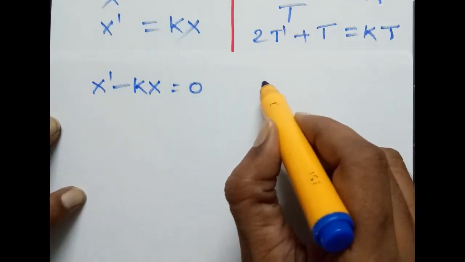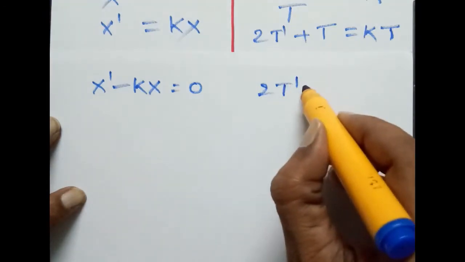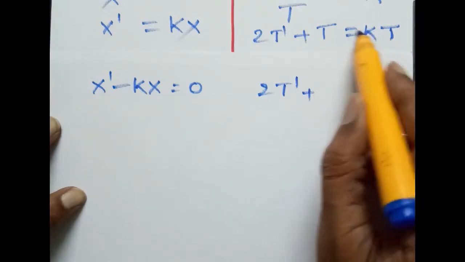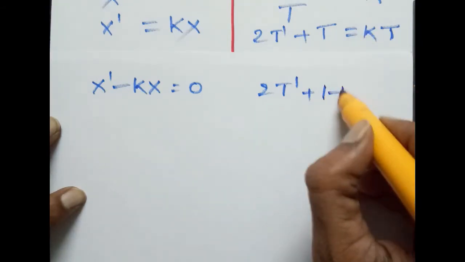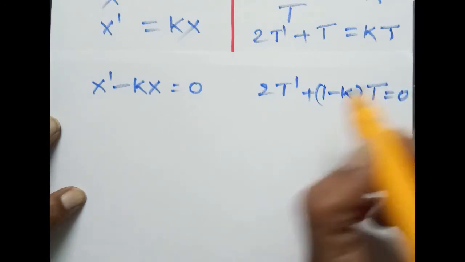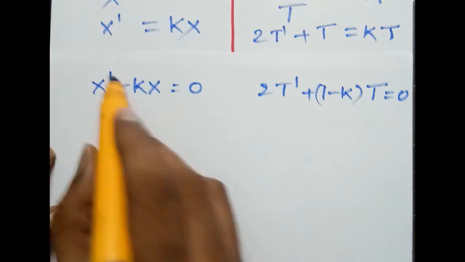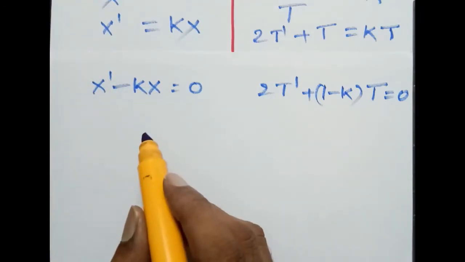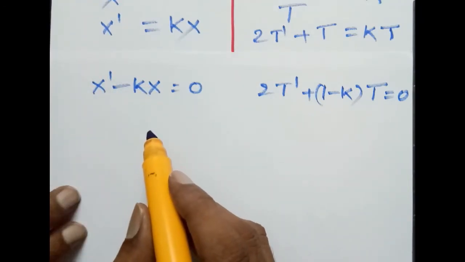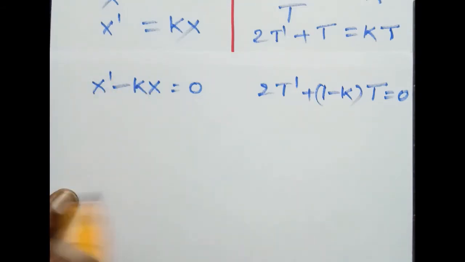Now here, 2T dash plus T, we are taking as a common factor: 2T dash plus 1 minus k into capital T equal to 0. Here X dash means dX by dx.